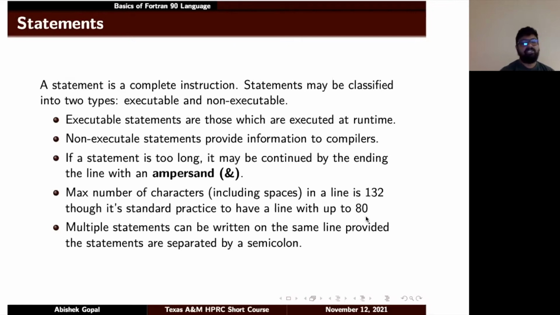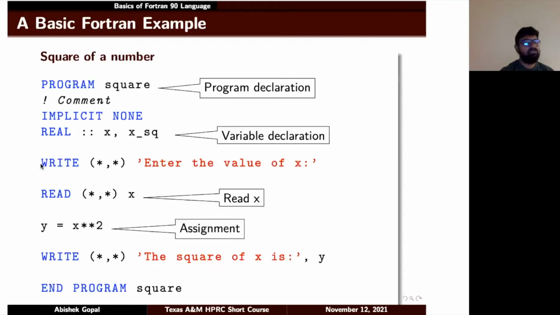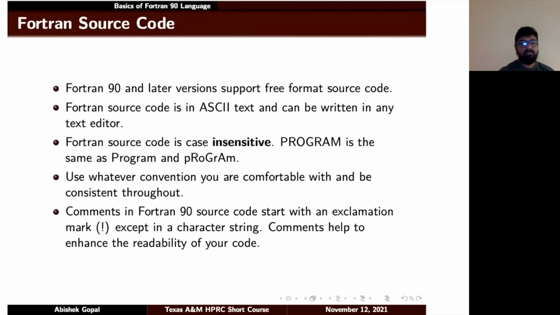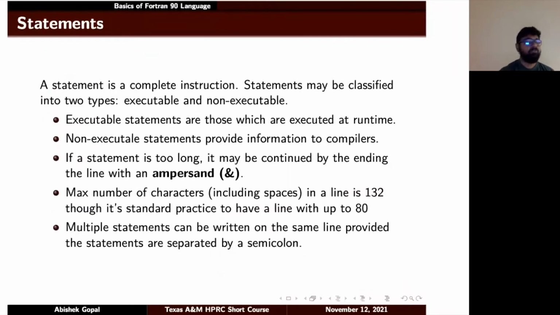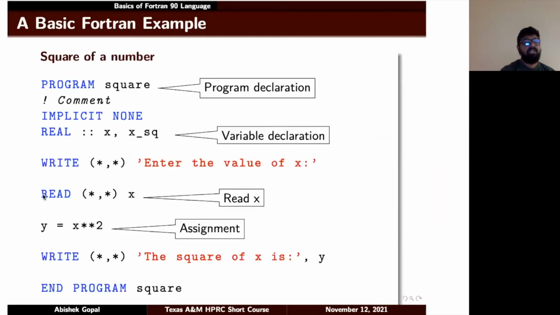It cannot go past 132, but we recommend that you keep it to 80. Multiple statements can be written on the same line, provided that the statements are separated with a semicolon. So you can have read x and y equal to x squared on the same line, but you need to have separated them with a semicolon, right?